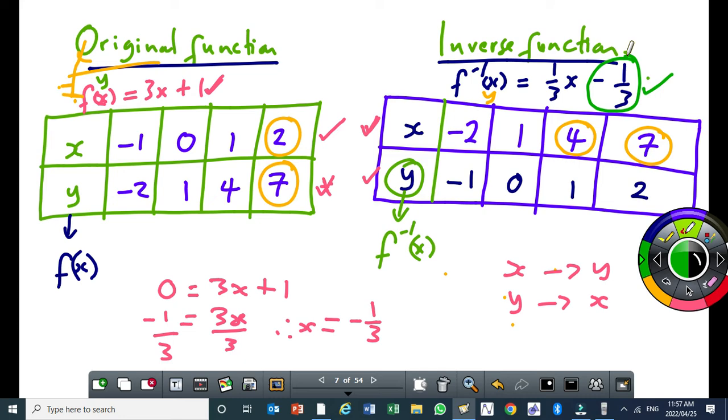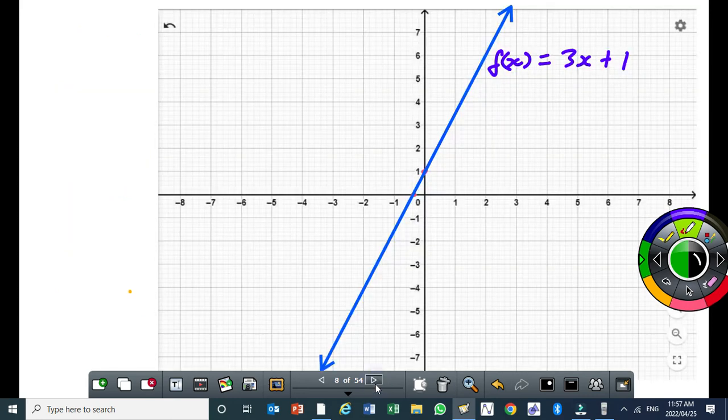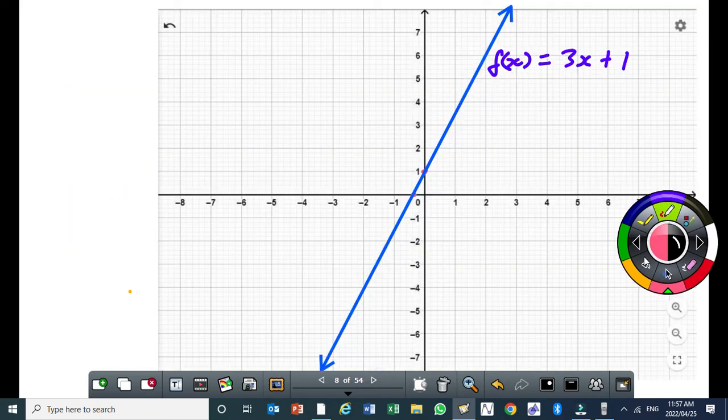If the equation is in the form y equals mx plus c, it means that constant there is going to be the y-intercept. It's negative a third. But it's a y-intercept. So it will be somewhere there.